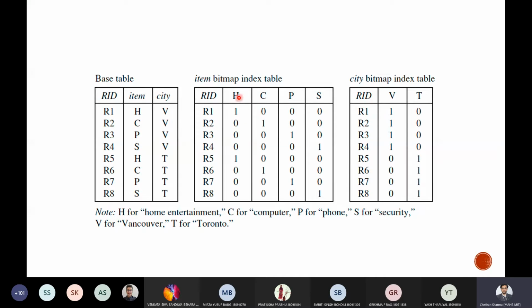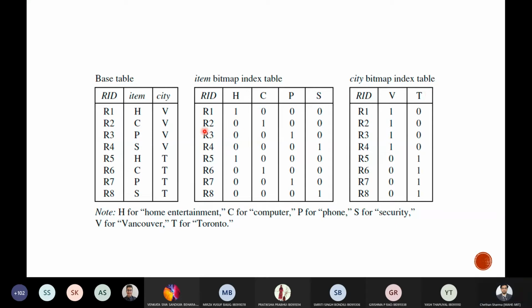You have to create a bitmap index table, one for each dimension: one for item and one for city. Since item has four distinct values, there will be four distinct columns, and city has two distinct values, V and T, so there are two distinct columns.